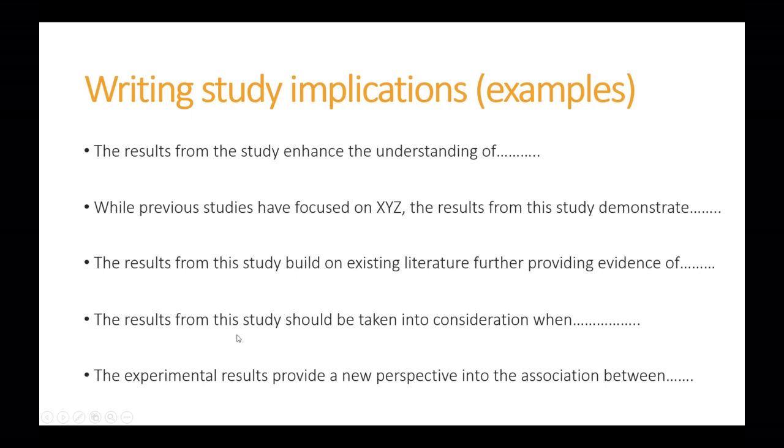Also, you can say that the results from the study should be taken into consideration when, and then you can write specific conditions when this result should be taken into consideration. You can also say that the experimental results provided a new perspective into the association between the exposure and the outcome, whatever your exposure and outcome is. Again, these are just examples of how you can write your study implications.